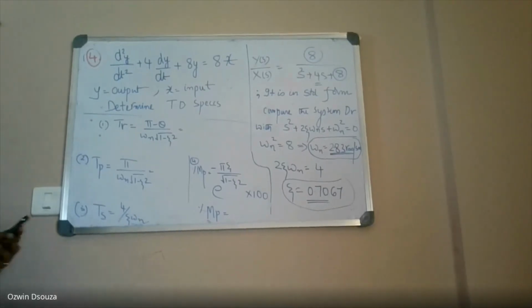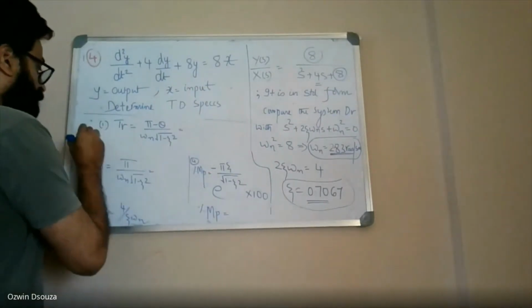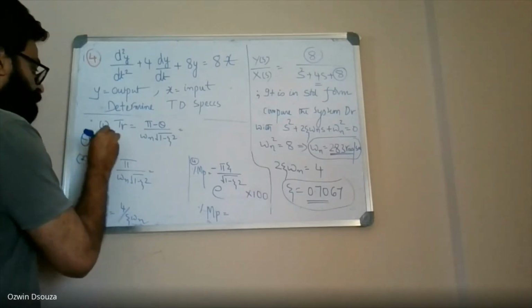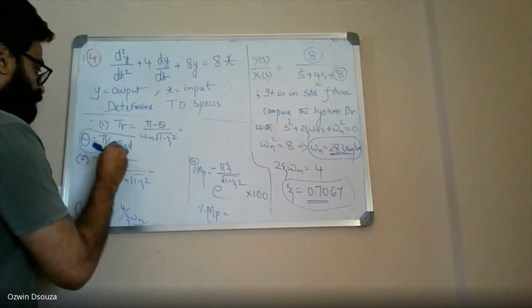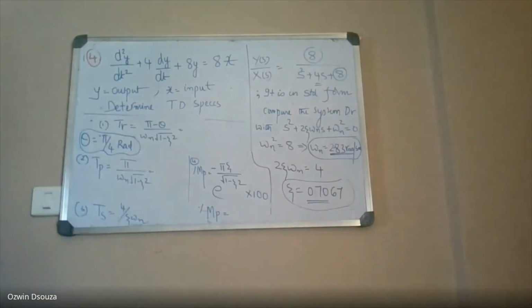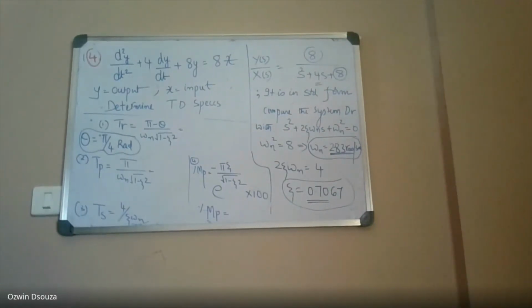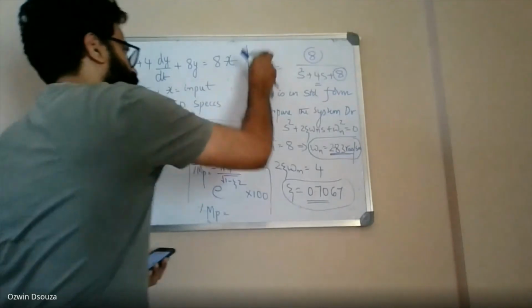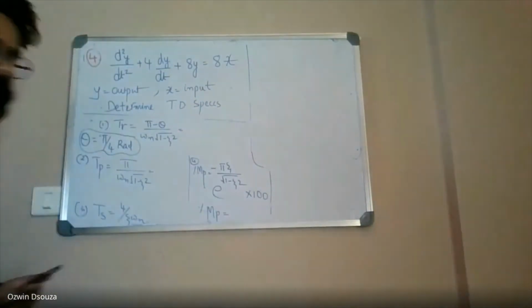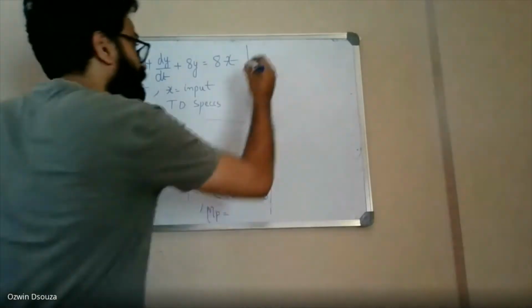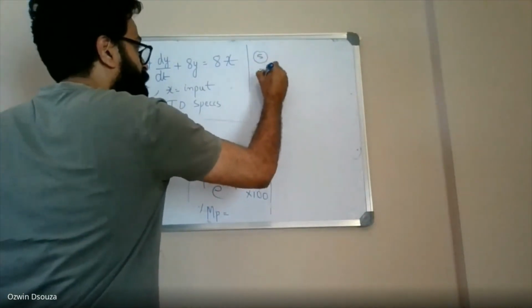Check theta, where theta is pi by 4 radians you are supposed to get. Pi by 4 is 3.14 divided by 4. That's your theta. So you find out all time domain specifications, and in the end, you can find out C of t.